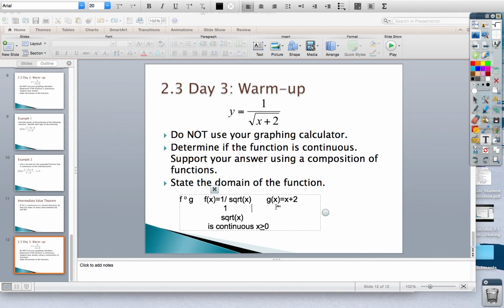And we know that g of x is continuous for all real numbers. So together we could say that f of g is continuous when x is greater than or equal to 0.